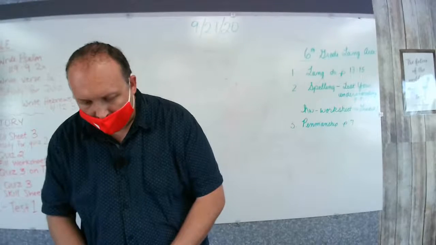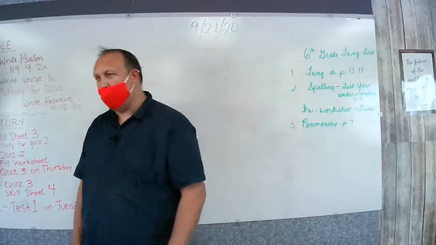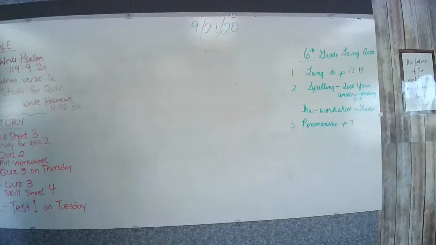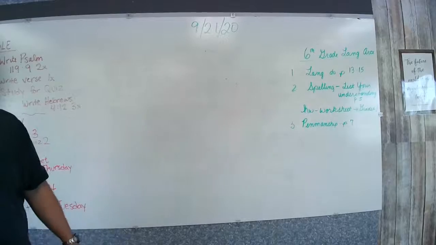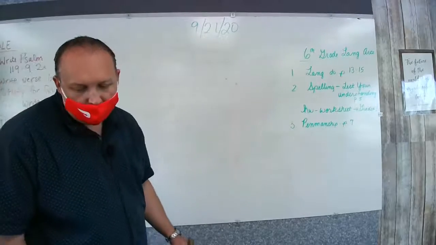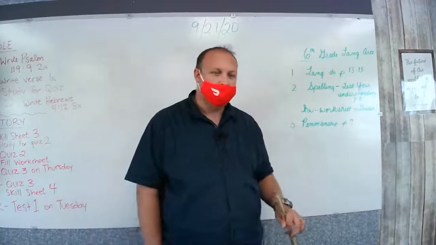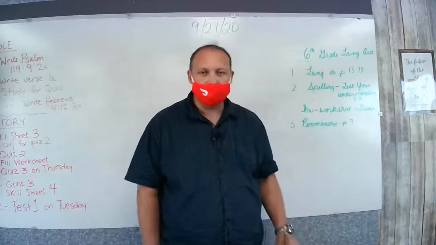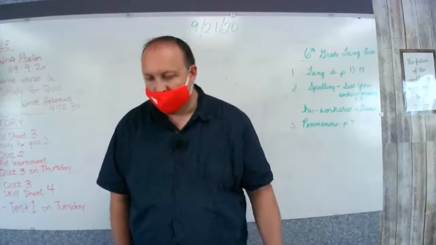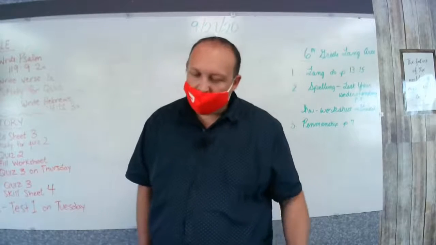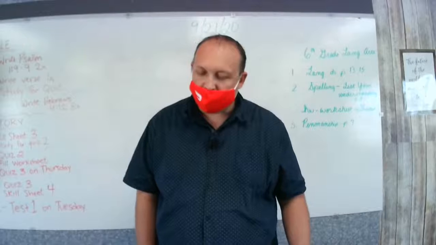Which measure is shorter, the centimeter or the millimeter? Millimeter, okay? Which measure is longer, the decimeter or the centimeter? The decimeter. Does it take more centimeters or more decimeters to make a meter?